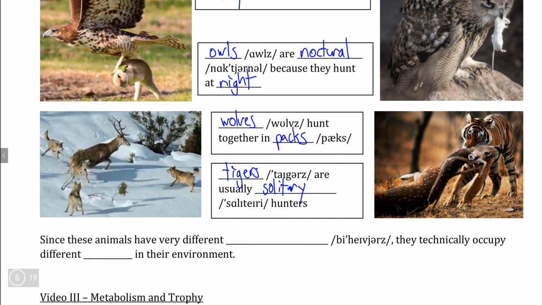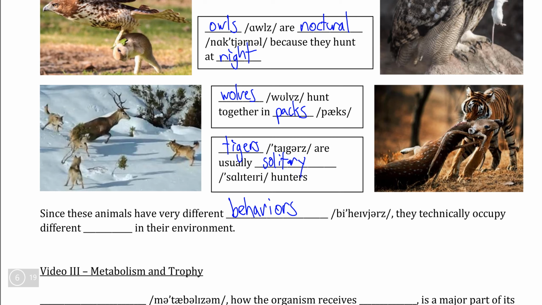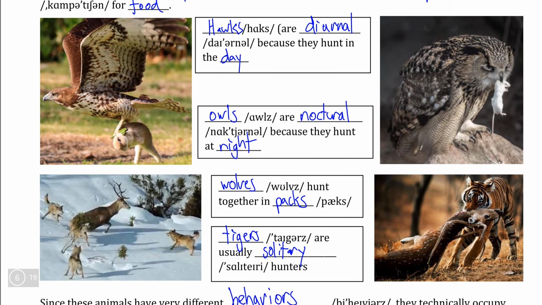So we can see very, very different examples of behaviors between all four of these predator animals that technically should have to compete with each other but don't, because they possess different adaptations. And because their hunting is separated based on time of day or based on the numbers and tactics they use to hunt, each of these animals occupies a different ecological niche, even if they have similar roles.